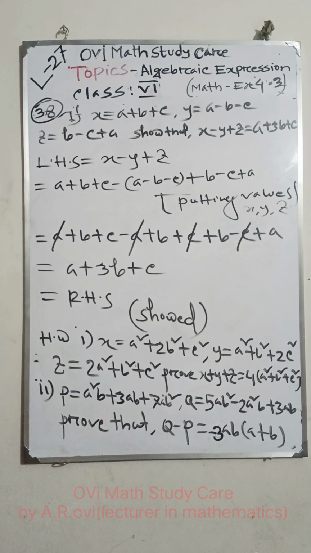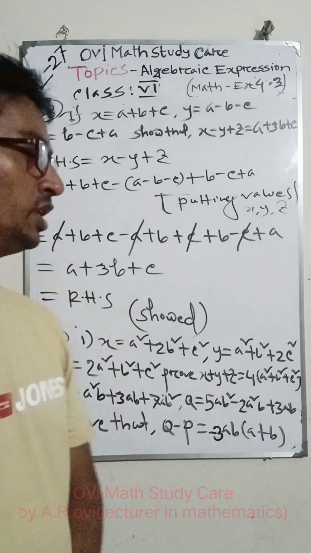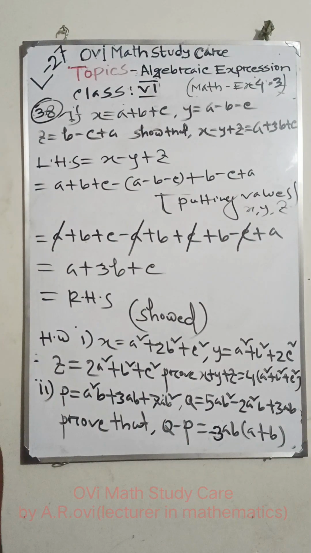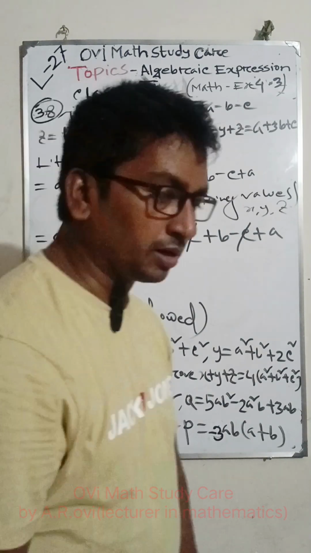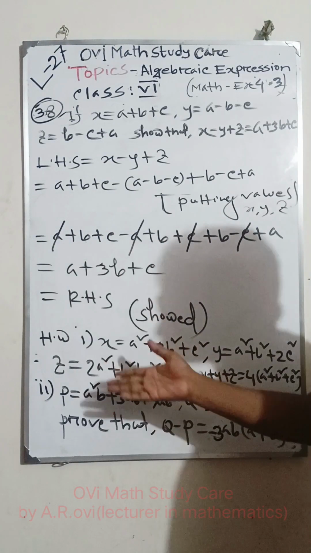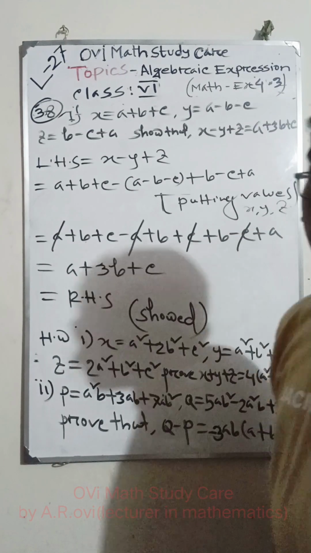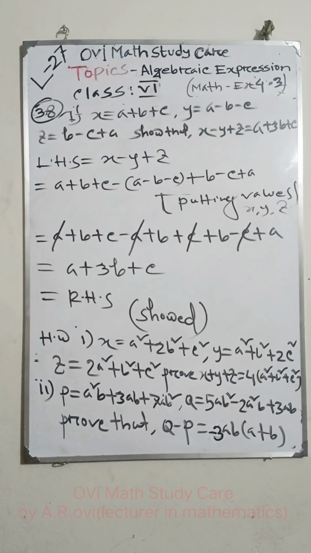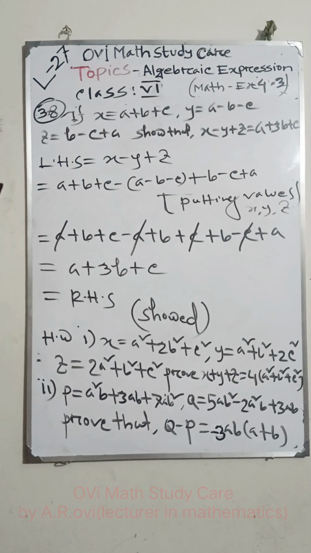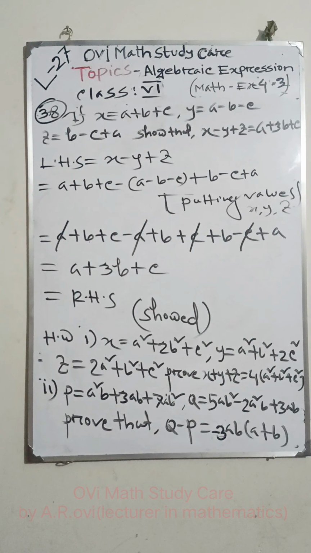Please try to solve these problems at home, and take a picture and put it in the comment box. If you have any problem, then tell me in the comment box.